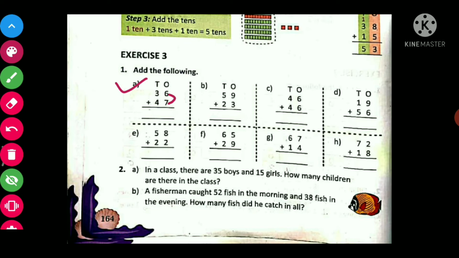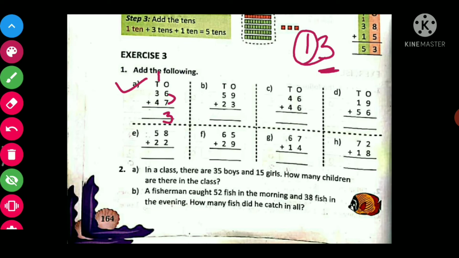So 6 plus 7, it will be how much? Tell me. 13, right? So we'll write 3 here and we'll place this one here in the tens place.